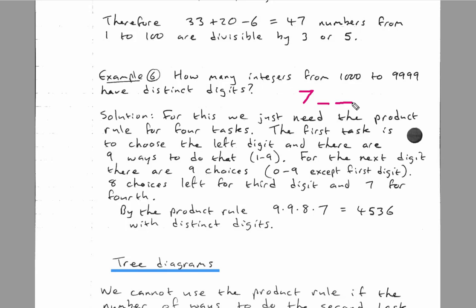We want the digits to be distinct. So there are 9 choices for the second digit. Maybe it's a 4. For the next digit, now we're down to 8, so we can't use 7 or 4, for example. It could be a 0. And then there are 7 digits left for the last digit. Maybe 3.